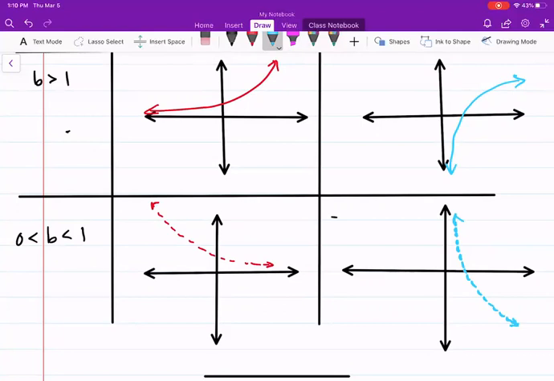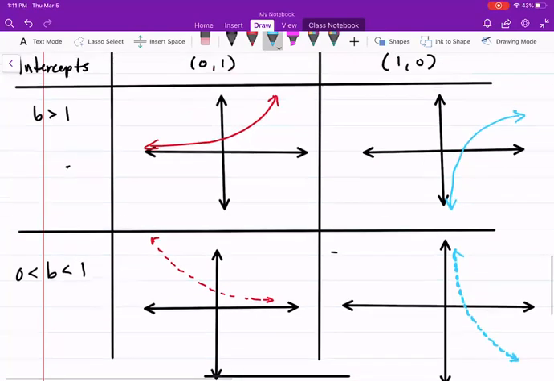But if you look at the solid blue and solid red, it reflects over the line y equals x, because we switch x and y, right? So flip over that line. And if you look at the blue dotted and the red dotted, it also flips over that, okay? But if you notice, going from left to right, the solid blue and red are both increasing, and the dotted blue and red are both decreasing, okay?